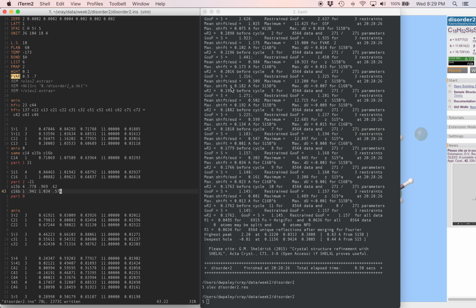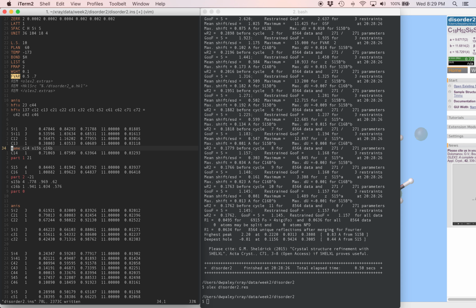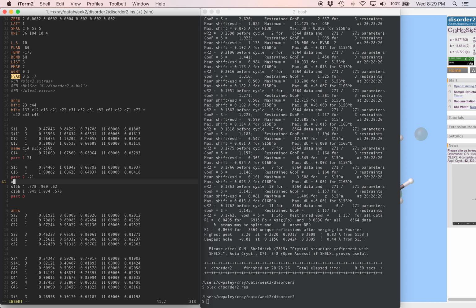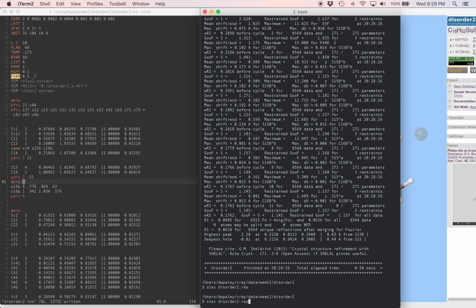So I'm going to come back and make the major part of the disorder anisotropic. In the anis 0 instruction, I'm going to put it just before the minor atoms in the disorder. Let's see what this does.